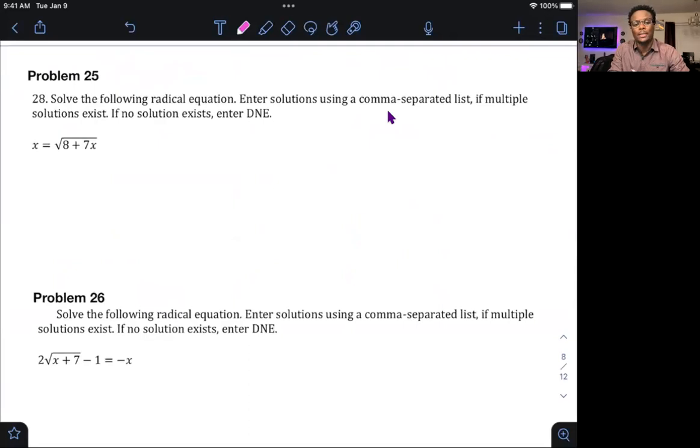Whenever you have that, and in this case it's the radical equation for us, you must always check your solutions, because there may be some extraneous solutions.